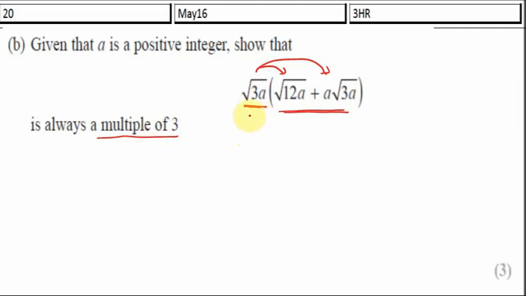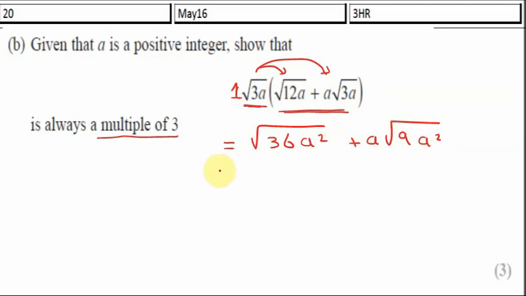Okay, root of 3a times root of 12a step by step equal square root of 3 times 12 equals 36, a times a is a squared, plus root of 3a times a root of 3a. Here we have 1 outside, so 1 times a is a, and root of 3a times 3a is 9a squared.